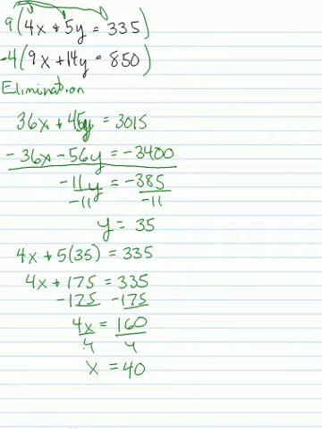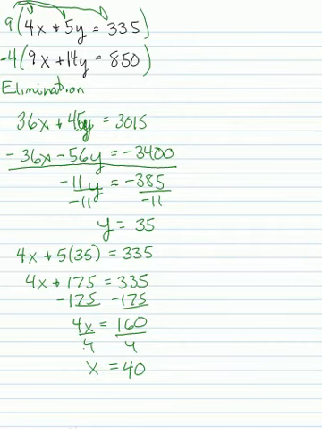Now substitution means exactly that. I'm going to plug it in for the y in my other equation. So now I get 9x plus 14 times the quantity, always use parentheses here, 67 minus 4/5 x equals 850. Now we need to distribute this 14.